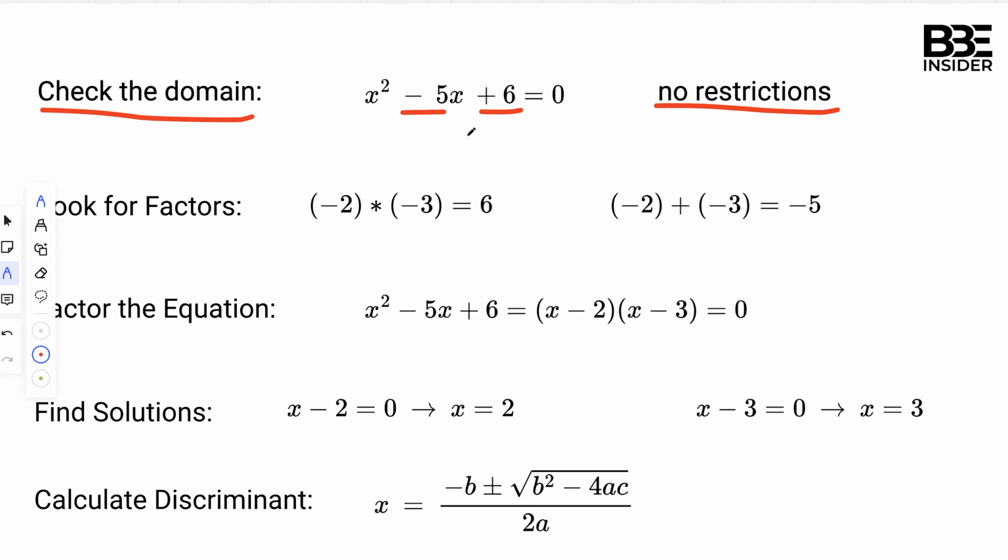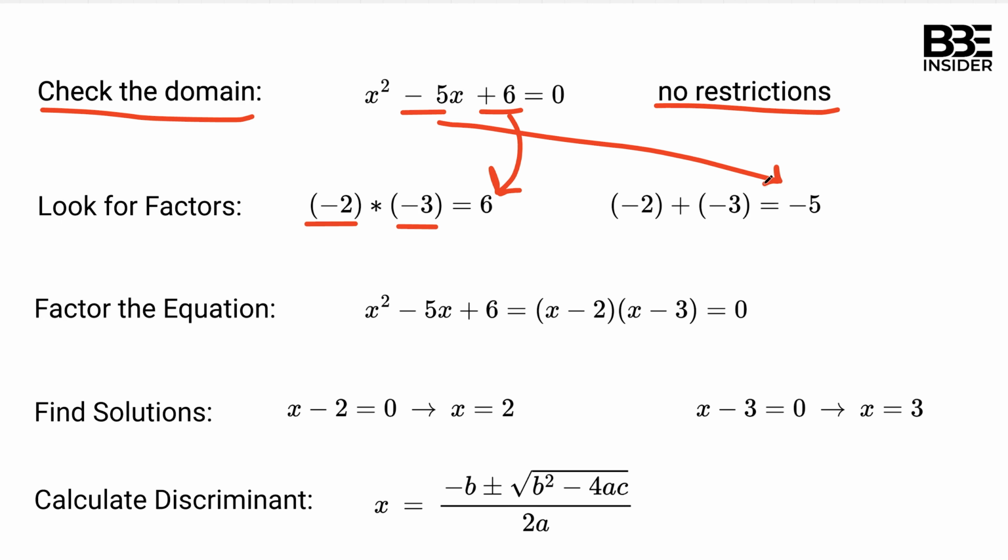You might need to play around a little bit, but then you will quickly find the factors -2 and -3. These multiply to 6 and -2 and -3 add up to -5. Therefore, these are our factors for this equation.